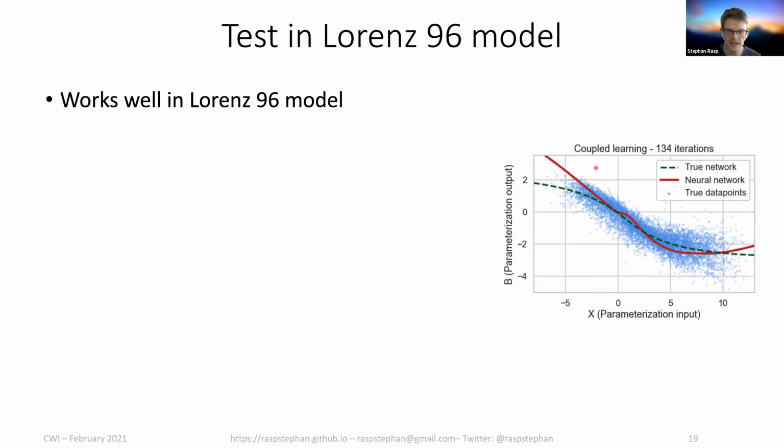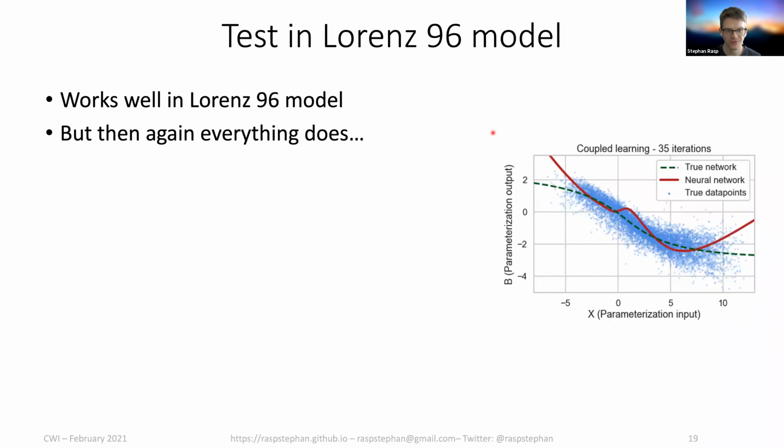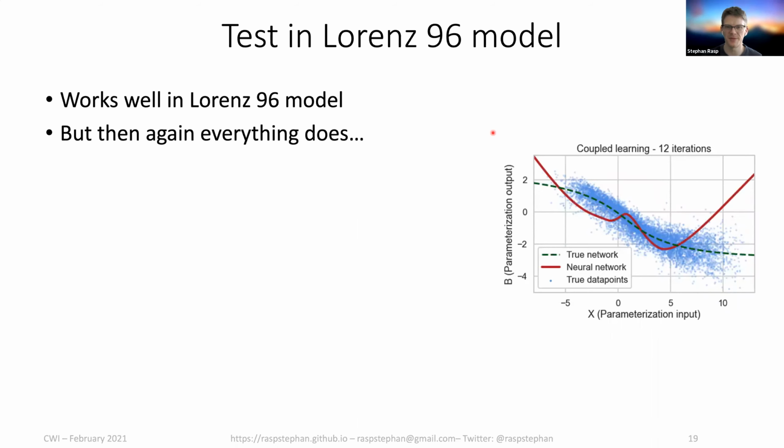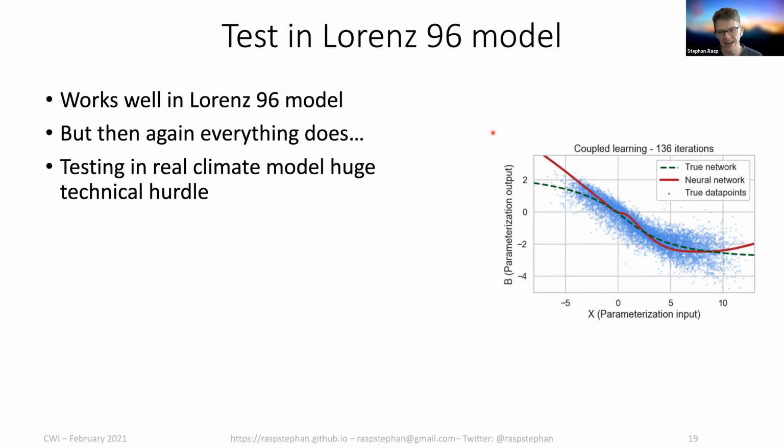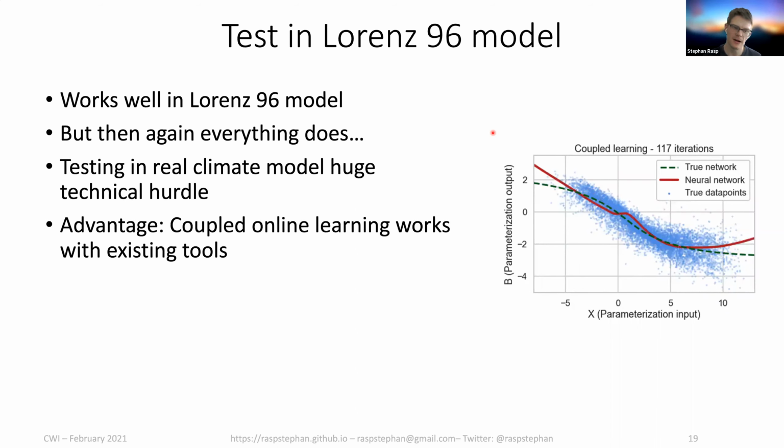Now, the Lorenz 96 model, while it's great to test out approaches, is really easy, and sort of everything works in the Lorenz 96 model. So it doesn't actually exhibit any of the problems why we're doing this approach in the first place. Testing it in a real climate model would be a real technical challenge, and that's why we haven't done it yet.